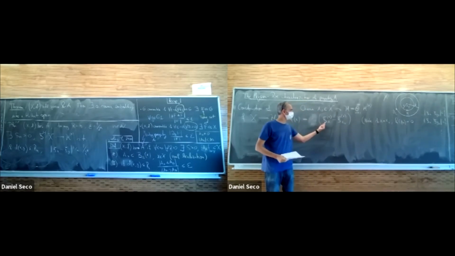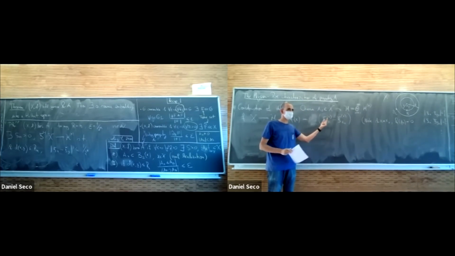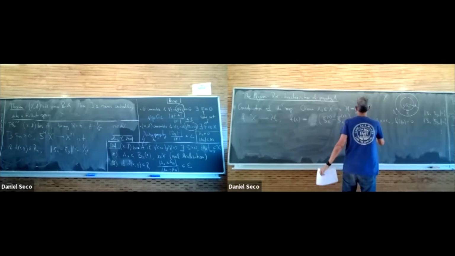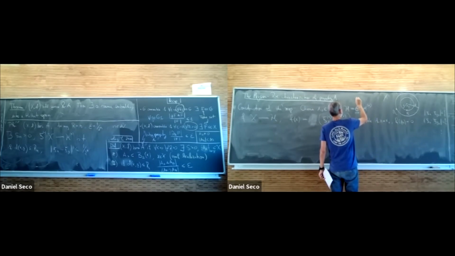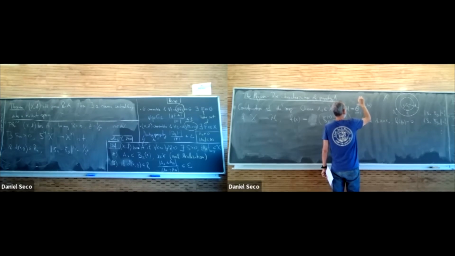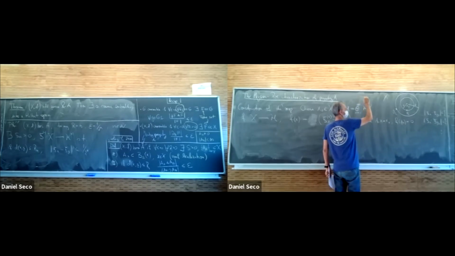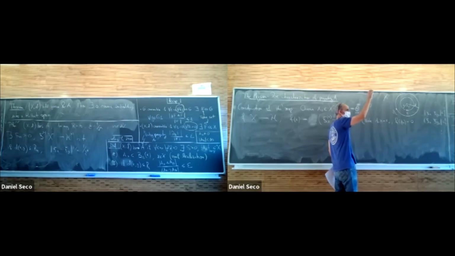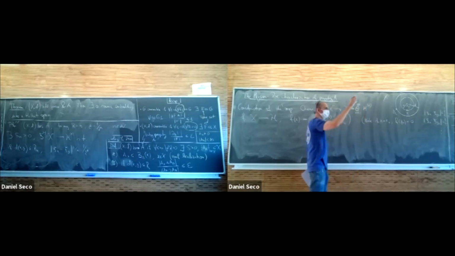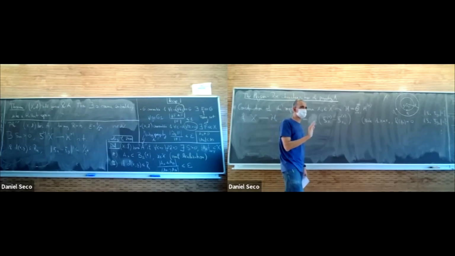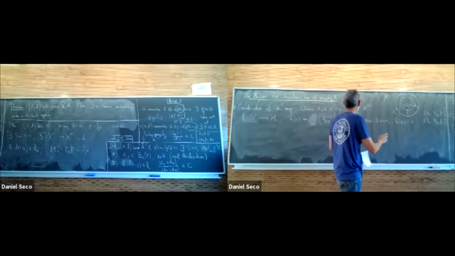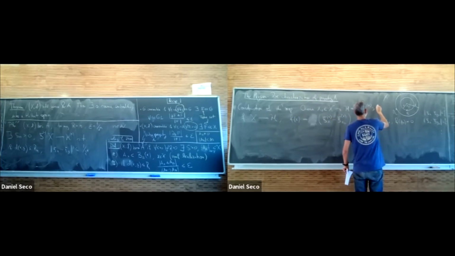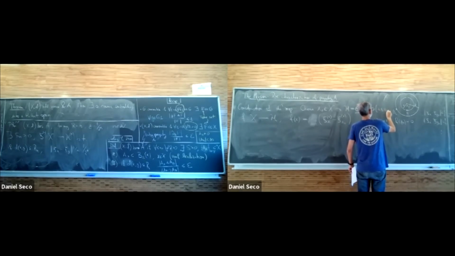What I want to say is that if I change n, this Hilbert space here is, if you want, a disjoint representation. I'm not summing in the same Hilbert space, but a point here is a collection of 1, 2, 3.